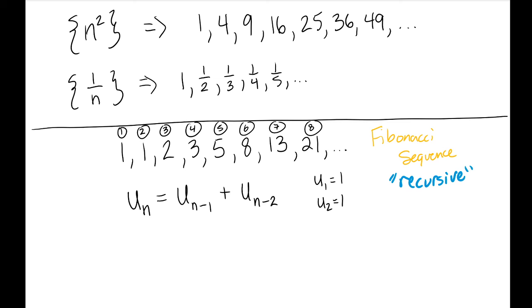Using function notation like I showed you before, you could technically have written it as f(n) is equal to f(n minus 1) plus f(n minus 2). But again, that's not a notation we'll use too commonly. We do tend to stick to the u n and various other subscripts as we go along. So that's how you would represent a recursive sequence.